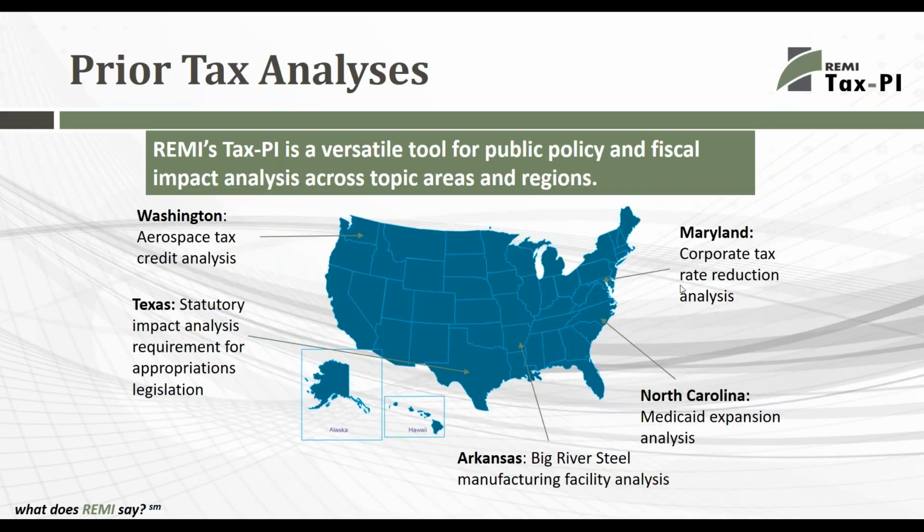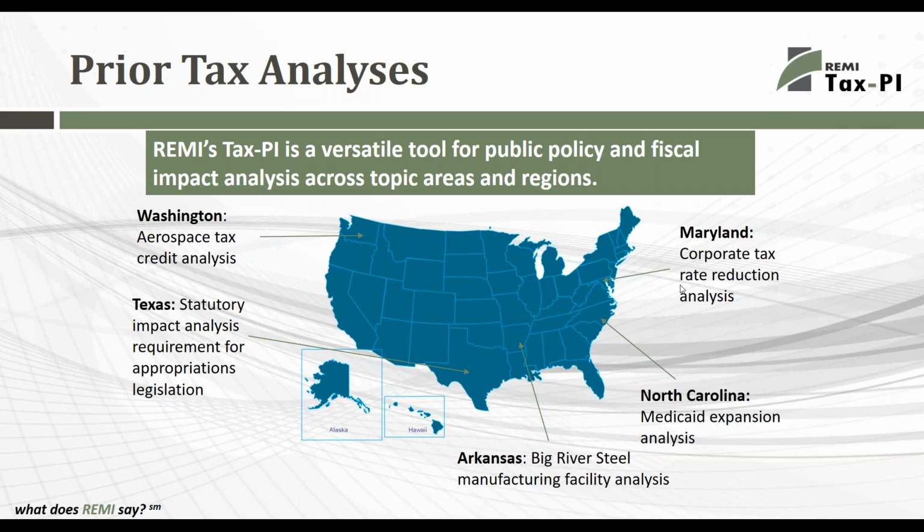And we have TaxPI, especially a versatile tool for public policy and fiscal impact analysis across topics and regions. So we've done many studies for our clients, and we also have customized the TaxPI models for our clients as well.